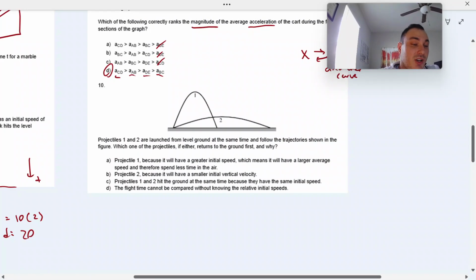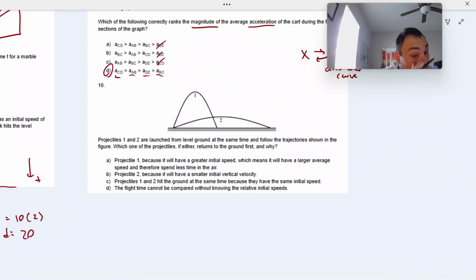Last question. Projectiles 1 and 2 are launched from level ground at the same time and follow the trajectories shown in the figure. Which one of the projectiles, if either, returns to the ground first, and why? Let me reread this one.